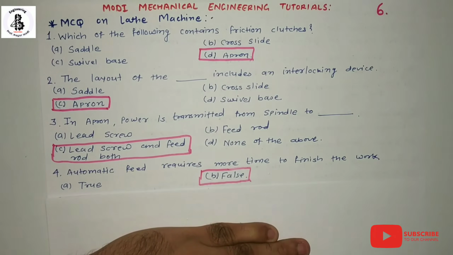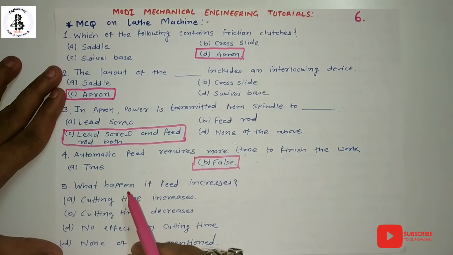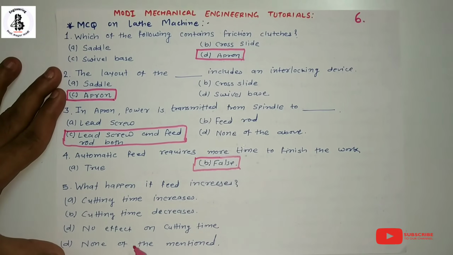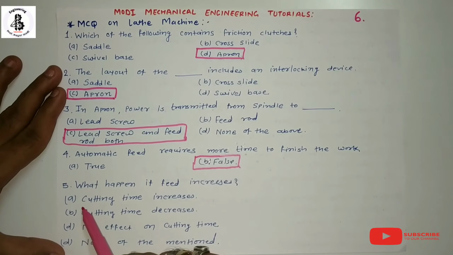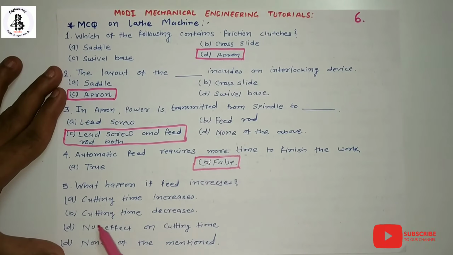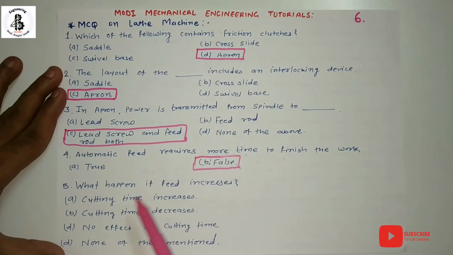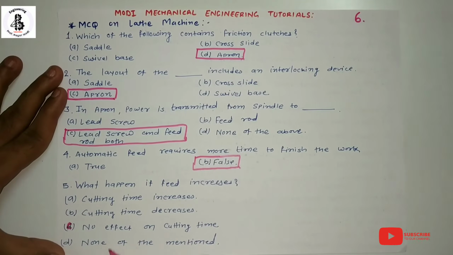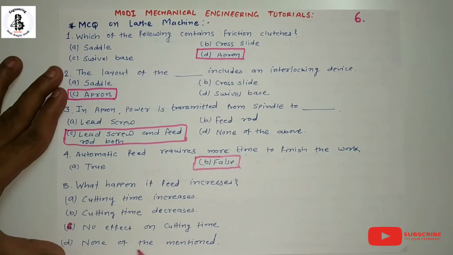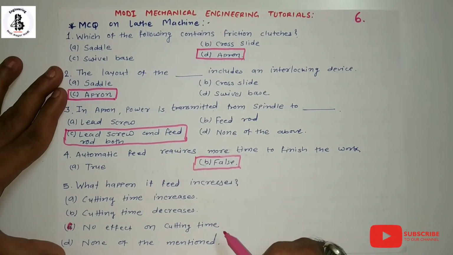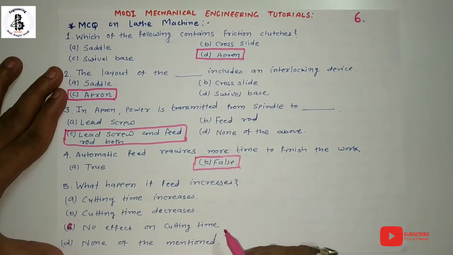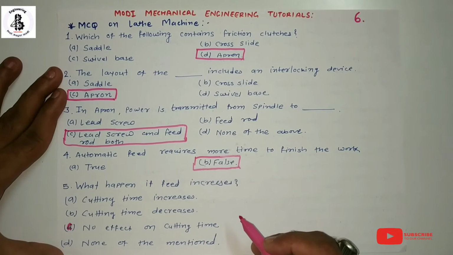Then next question. What happens if feed is being increased? Option A, cutting time is increased. Option B, cutting time is decreased. Option C, no effect on cutting time. Option D, none of the mentioned. This is related to some of the parameters used on lathe machines.